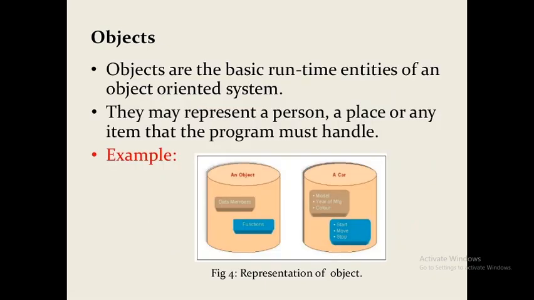Objects are the basic runtime entities of an object-oriented programming language. Objects may represent a person, a place, an atom, or anything, provided that it has some attributes and performs certain functions.